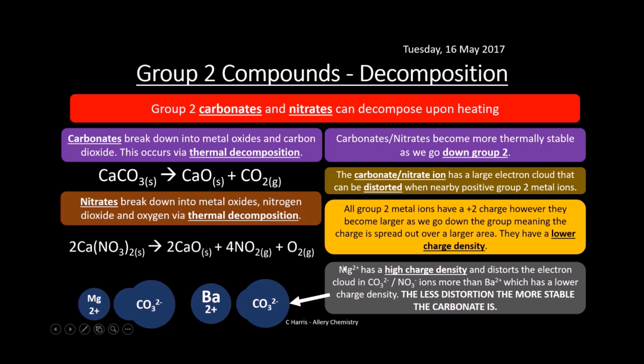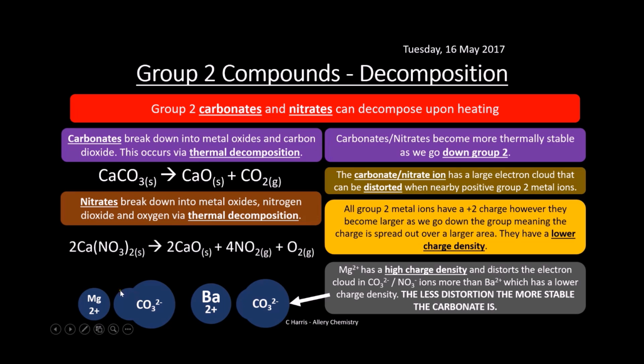So we've got magnesium 2+, which has a really high charge density. 2+ charge, obviously all of them are 2+ charges, but magnesium is a smaller ion, so it has a higher charge density. It distorts the electron cloud in the carbonate and the nitrate ions more than barium 2+, which is a much bigger ion with a lower charge density.